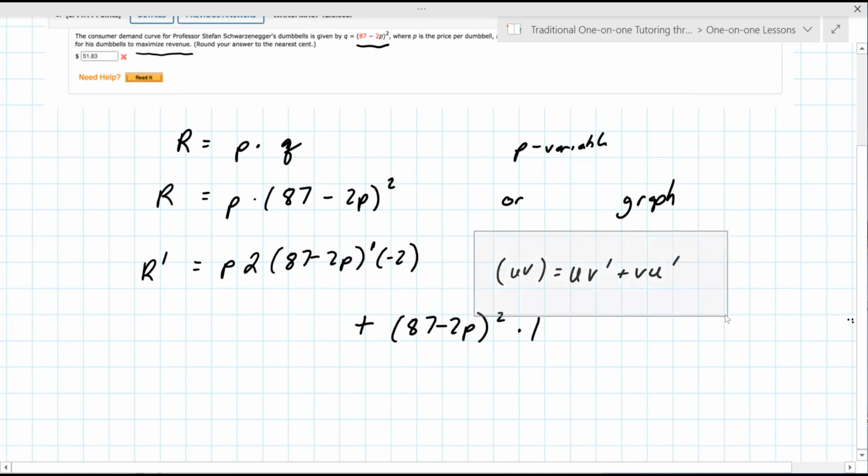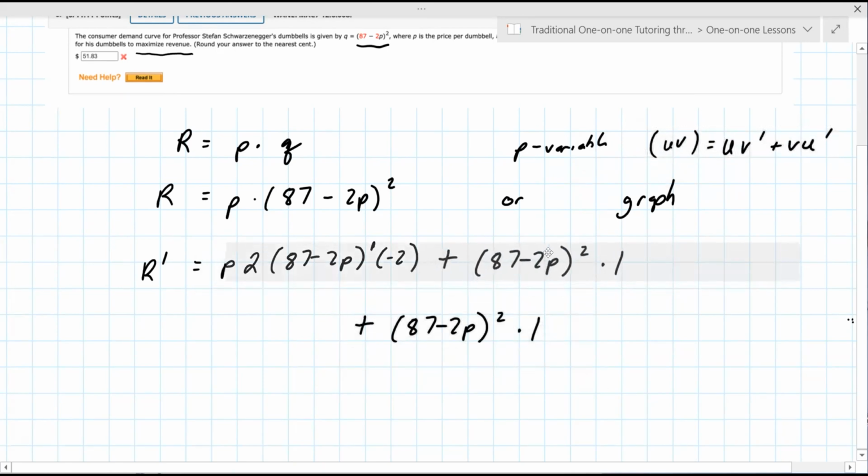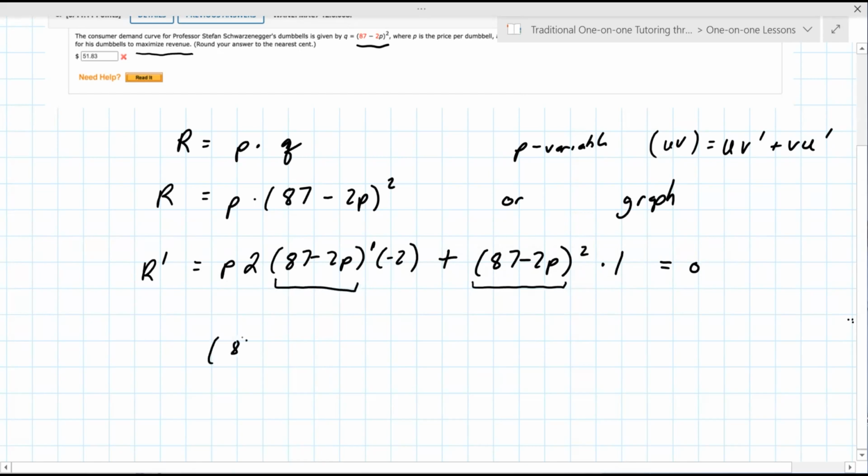Let me rearrange a little bit so it's cleaner to look at. This is your derivative here, and then you set this equal to 0. To do that, you can factor out anything that's common to both. So you can factor out an 87 minus 2P from both.